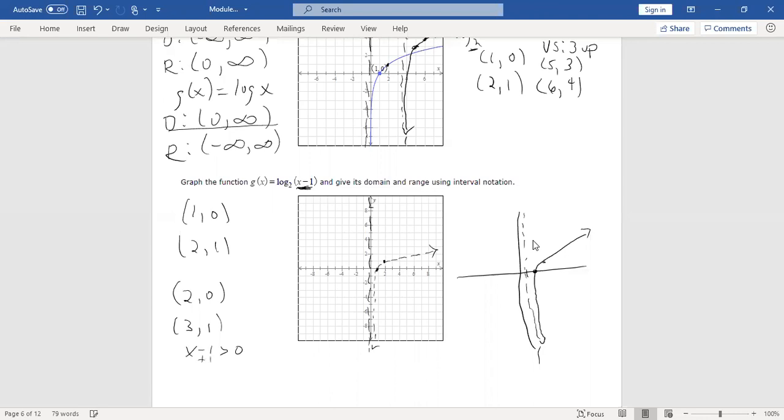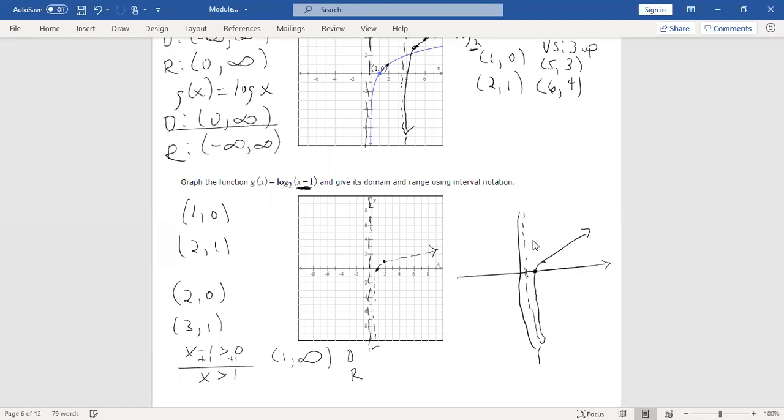So now we're going to add 1 to both of these. So x would have to be greater than 1 is our domain. So remember, if we're writing it in an interval notation, our domain goes from 1 to infinity. And if you look, our graph continues forever to the right. So that's our domain.